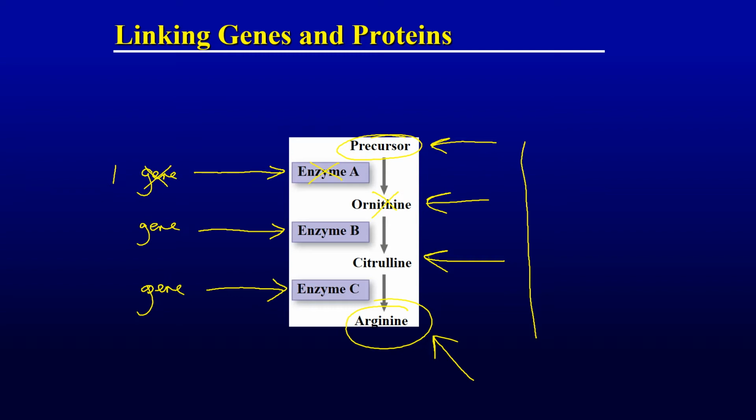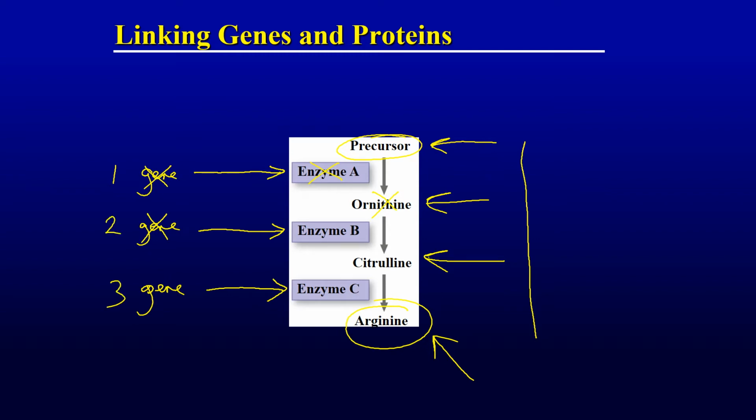So let's just say that the X-rays left the gene for enzyme A intact, but it caused the gene for enzyme B to be defective. Well, then you're not going to make enzyme B. You can still make ornithine, but you can't convert ornithine into citrulline, and so you're unable to make arginine, and again unable to grow. So that would be their second class of mutant.